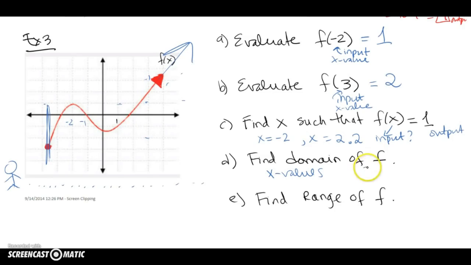If I do this in set notation, it'll be x such that x is in between some values, but on the right, since I know that x goes on to the right forever and ever and covers all positive values to infinity, I'm just going to say x has to be greater than or equal to some number here on the left. And again, I'm going to guess and say that's negative 2.5, let's say.